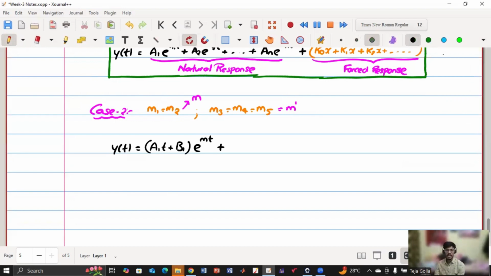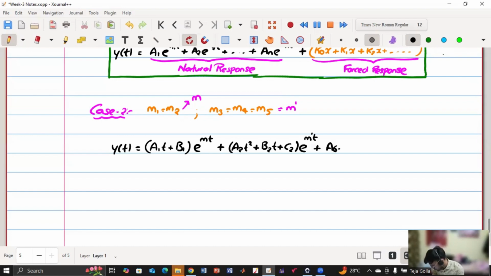For two terms we'll get t, for three terms we'll get t square. Any guesses? a2 t square plus b2 t plus c2, into e to the power m dash t. Then m6 we have as it is.